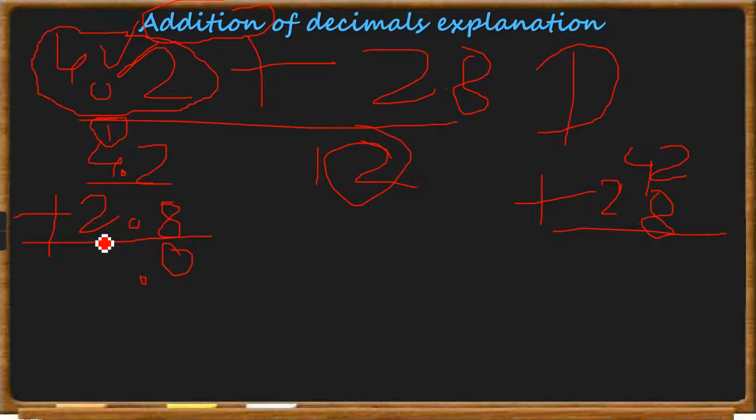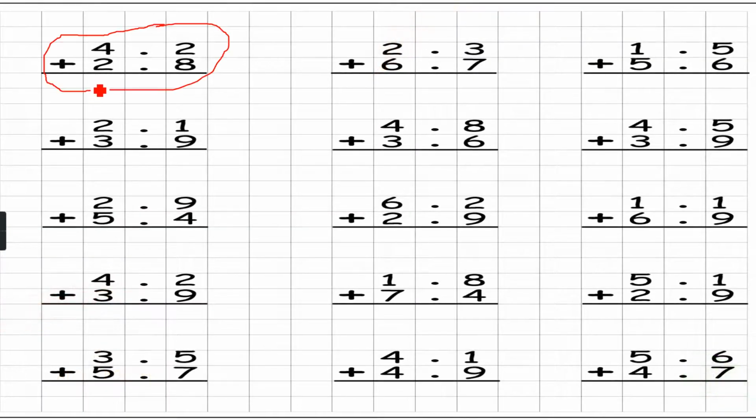So 4 plus 2 is 6 and 1 is 7. So your answer is 7.0. So like this you can add.